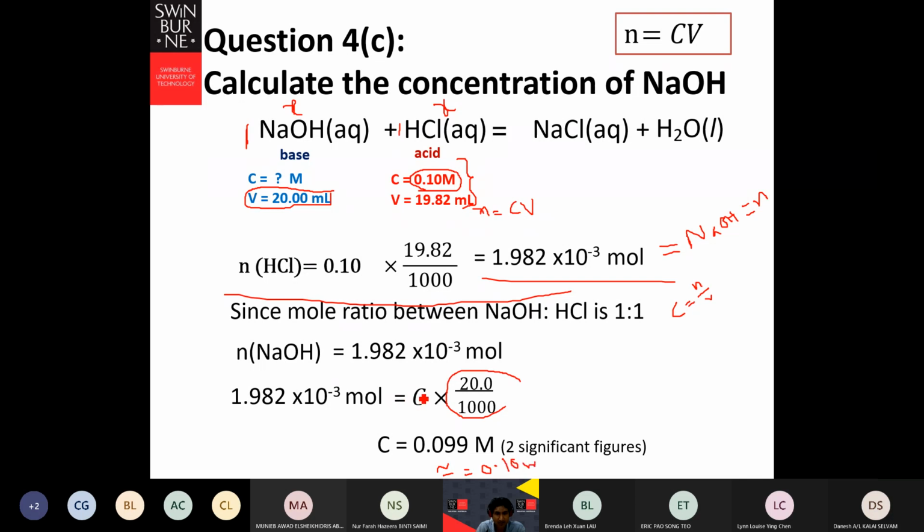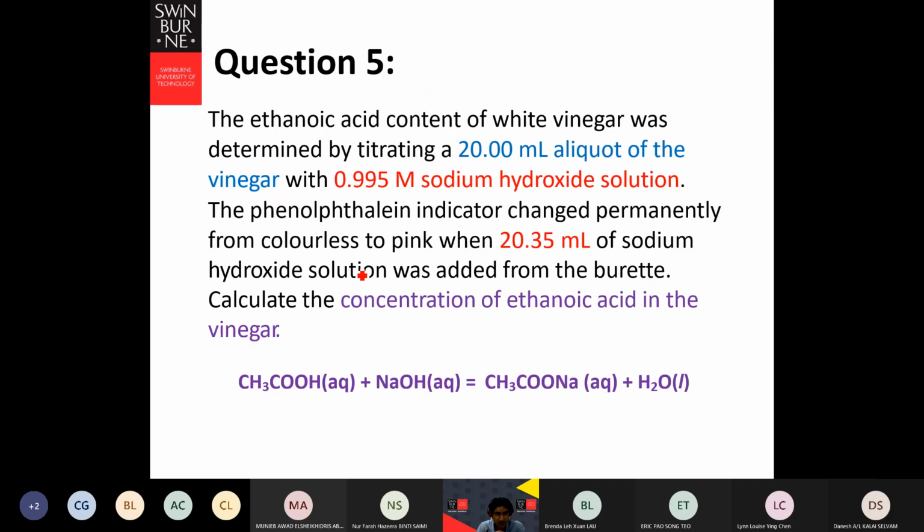All right, you can round up to 0.1. This is how you define the concentration of it.